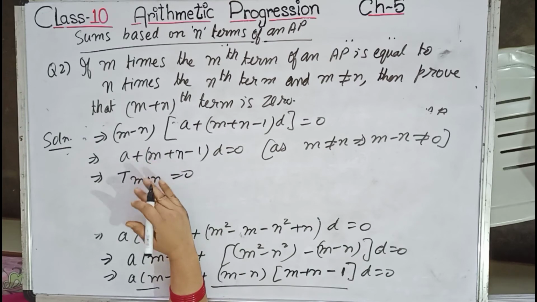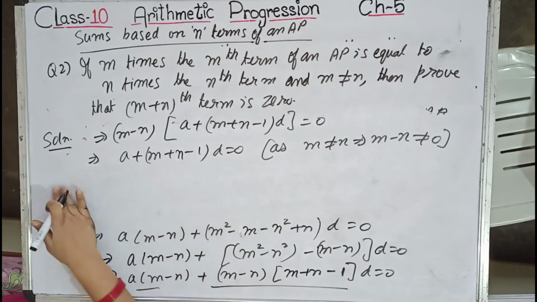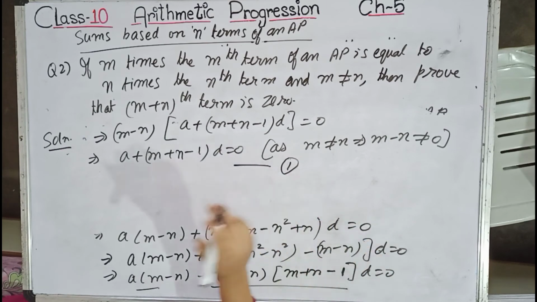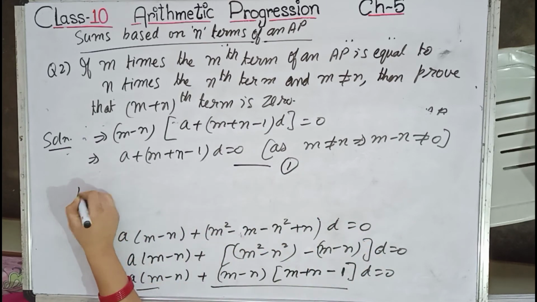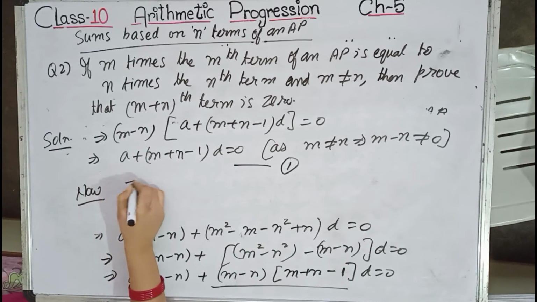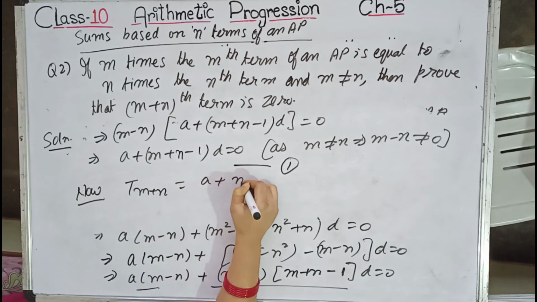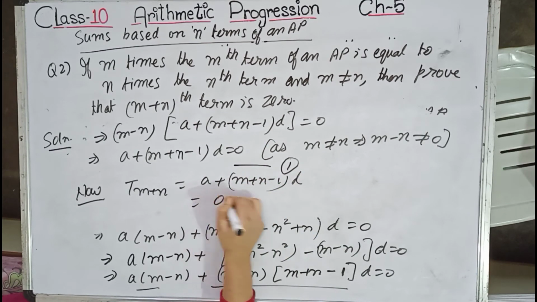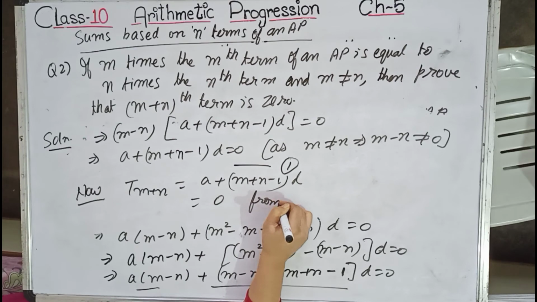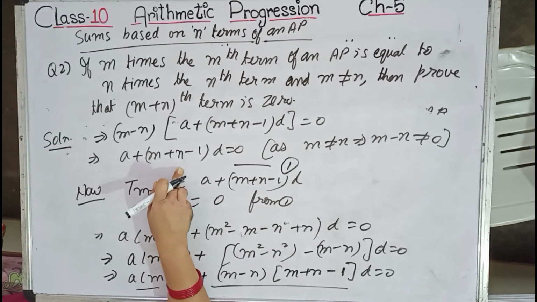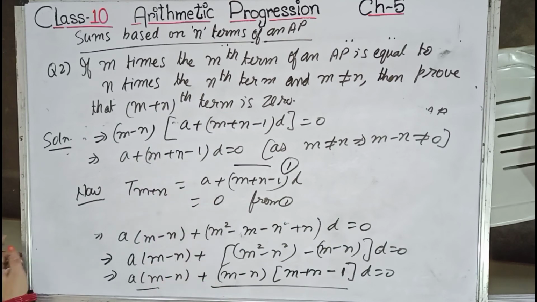Or suppose it does not strike your mind, then what you can do is make it equation number 1. If I have made 1, 2, make it number 3. So you can write now T of m plus n equals a plus m plus n minus 1 into d equals 0 from 1. This way also you can write, or directly you can write T of m plus n equals 0 over here, and hence it is proved.